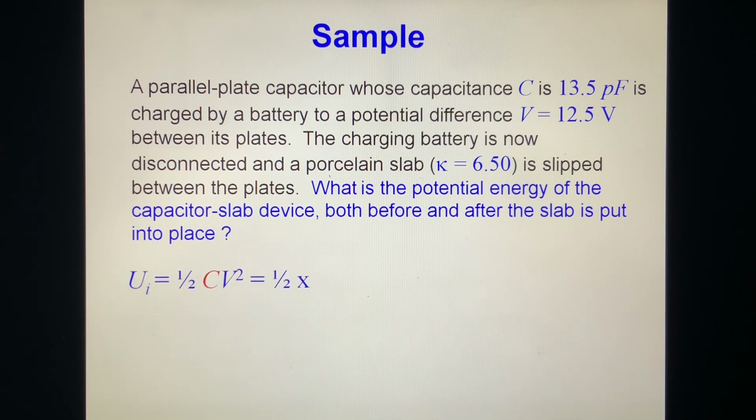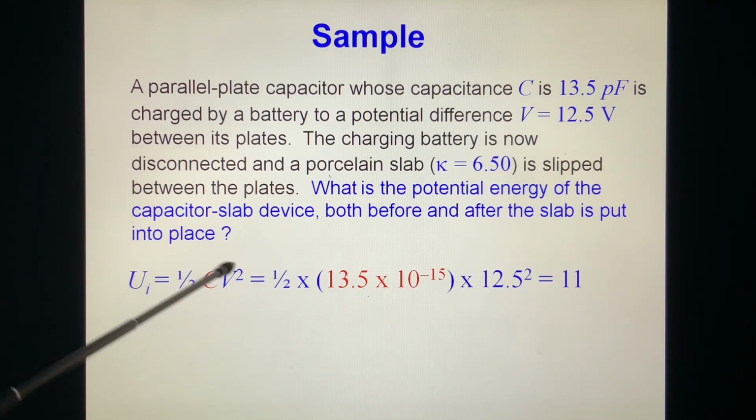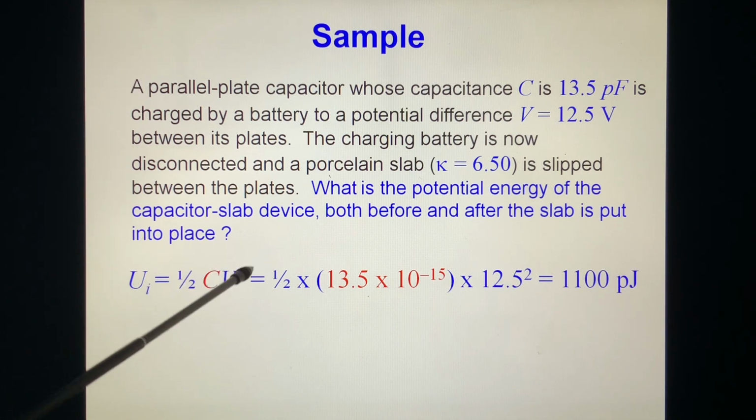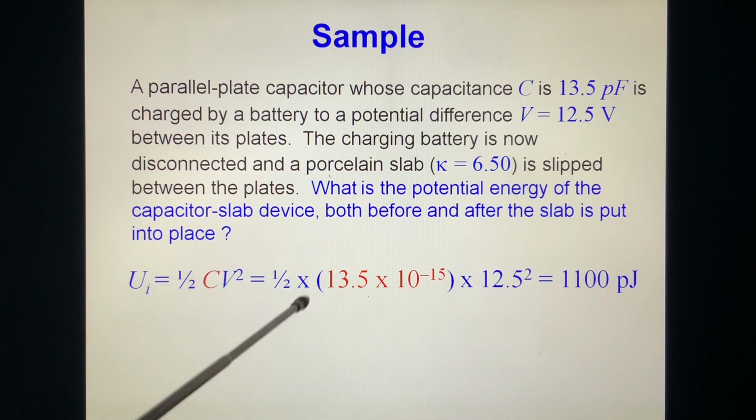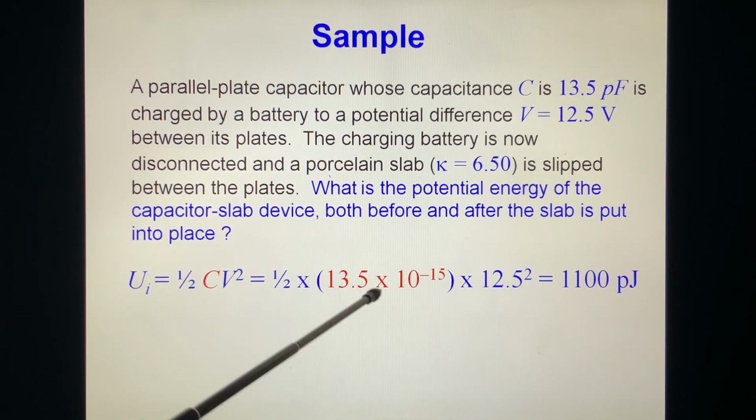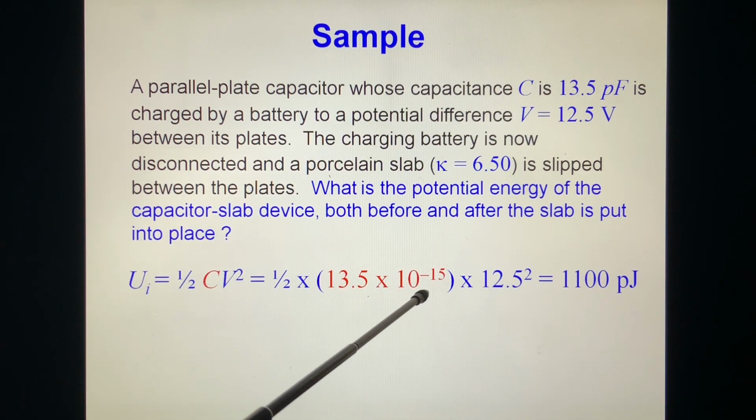We know the energy stored in the capacitor is half CV squared. Originally, before the slab is put into place, C is 13.5 picofarad. We have to use farad as a unit, and pico is 10 to the minus 12, and the volt.